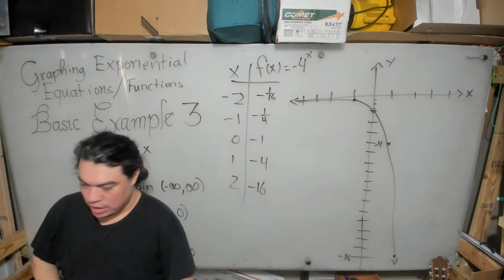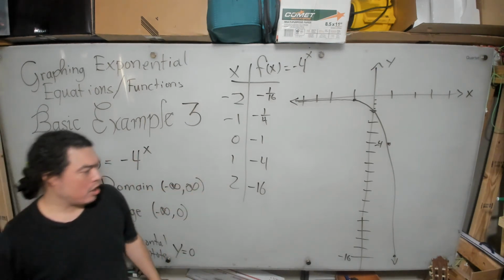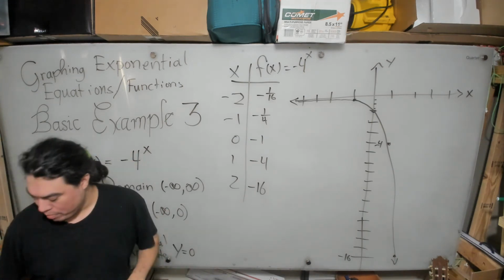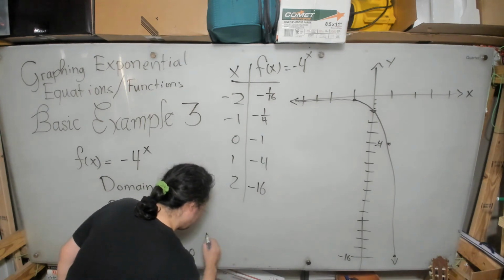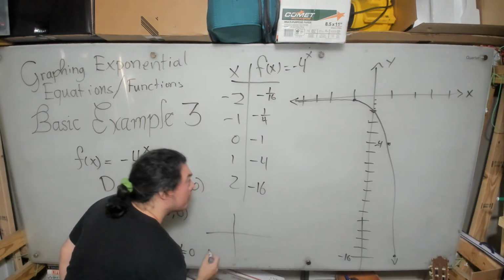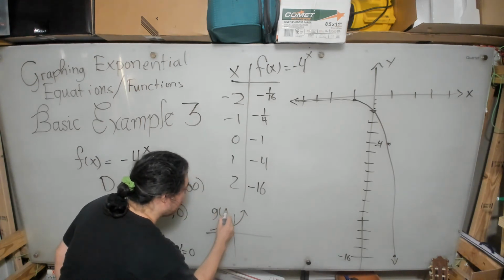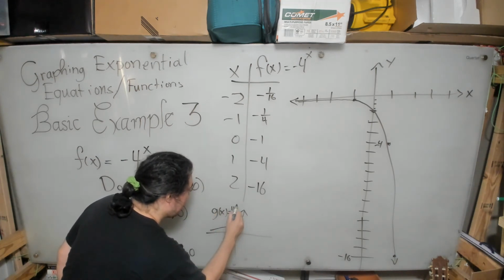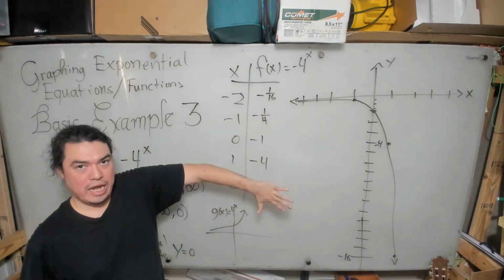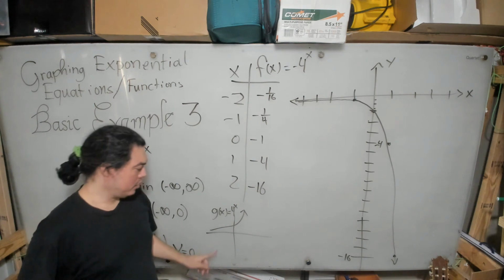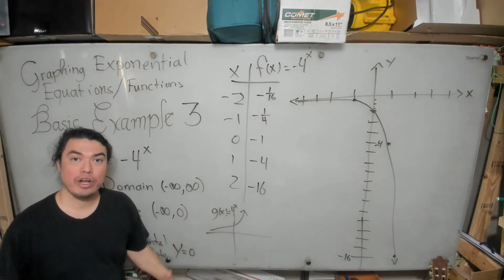And let me make a brief point. If you remember from our discussion, this was g of x equals negative 4 to the x, right? And we saw that this was the reflection of 4 to the x across the x-axis. So in this case, the base 4 is greater than 1.